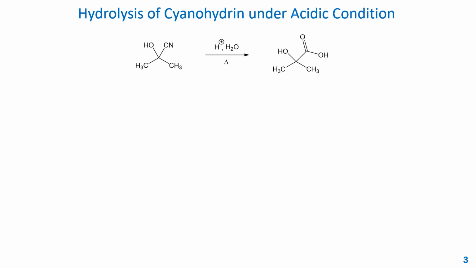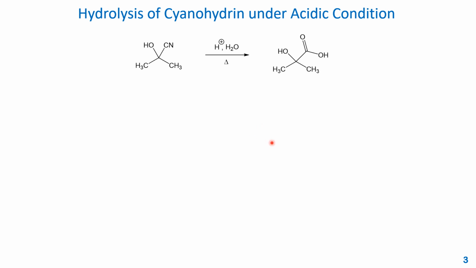Okay, next we will show the hydrolysis of cyanohydrin under acidic conditions. If you treat the cyanohydrin with acid in water and heat it up, you can convert this cyano group to a carboxyl group, and this is called hydrolysis.